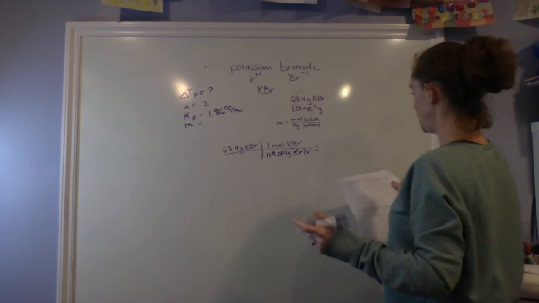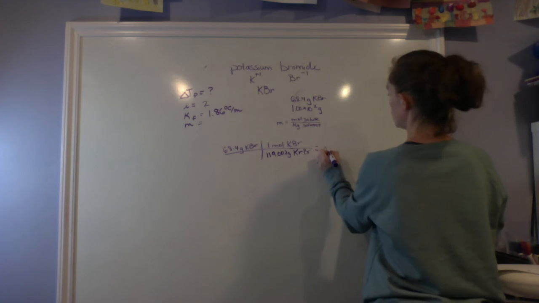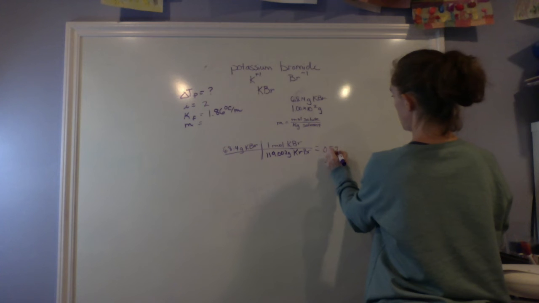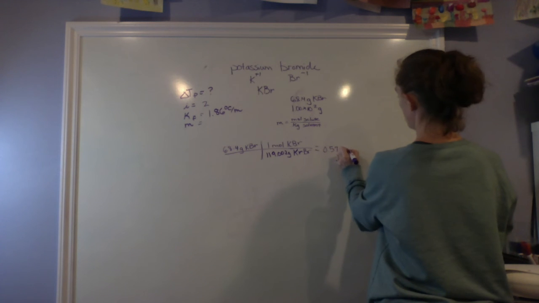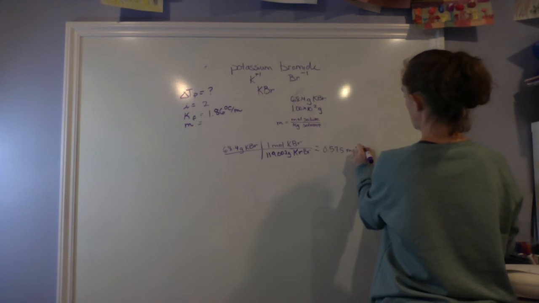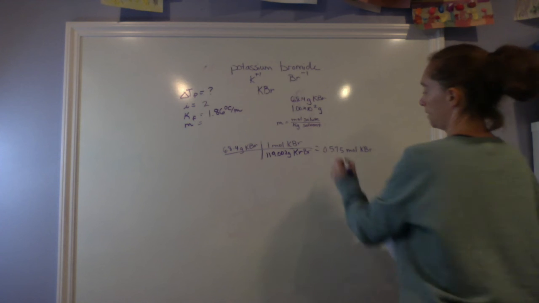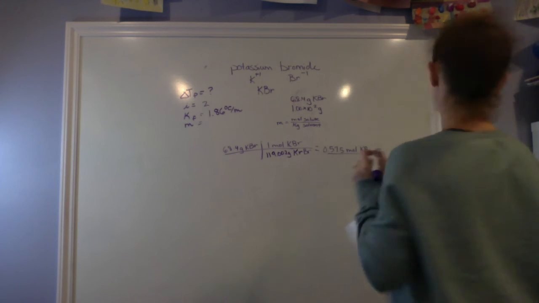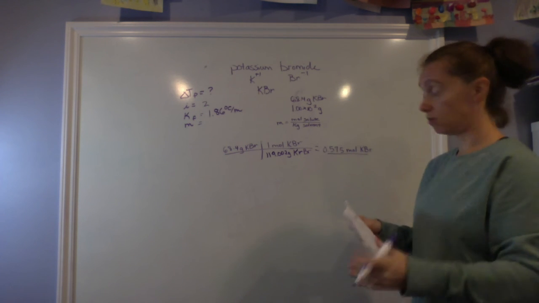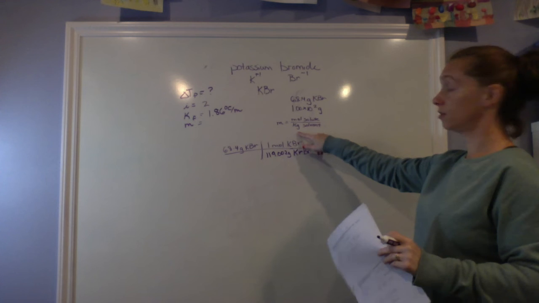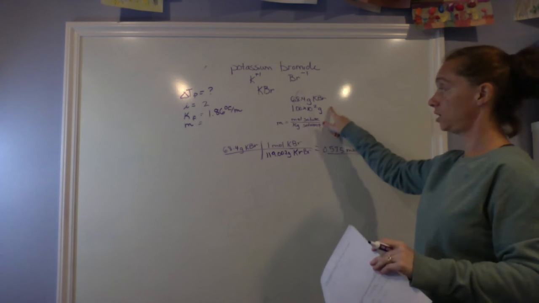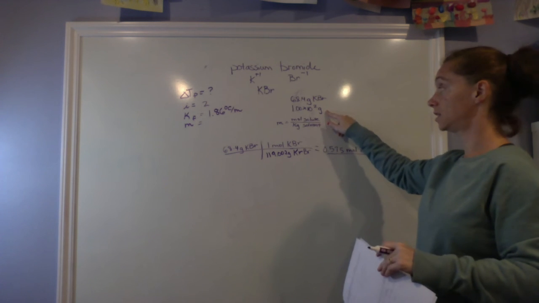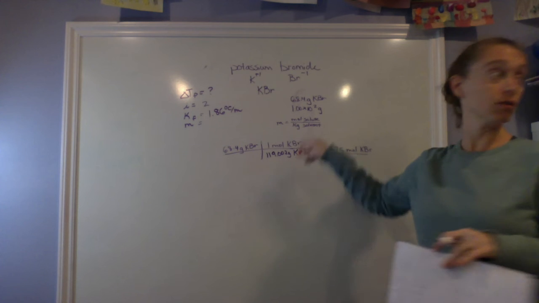That ends up being 0.575 moles of potassium bromide. Okay, so now you have moles. The other thing we have to do is we don't have kilograms, we have grams. So we have to change our solvent into kilograms instead of grams.